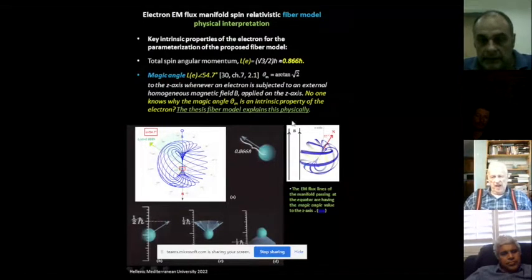Because this angle is fixed, it can get only two values, plus 45.7 and minus 45.7. That exactly makes the quantization of spin in space of the electron, the quantization of the magnetic moment of the electron in space. So this angle is a magic angle.